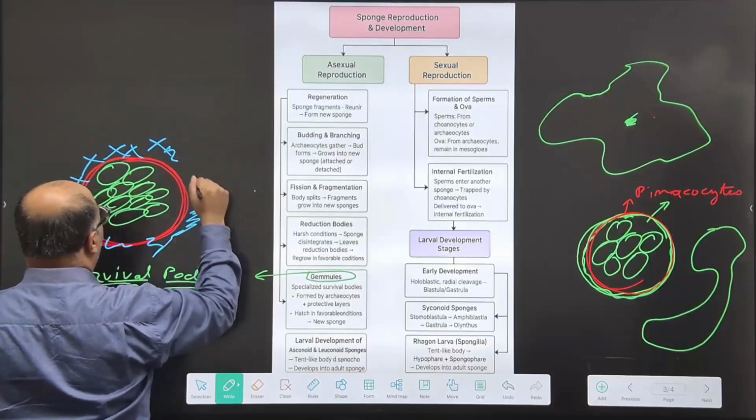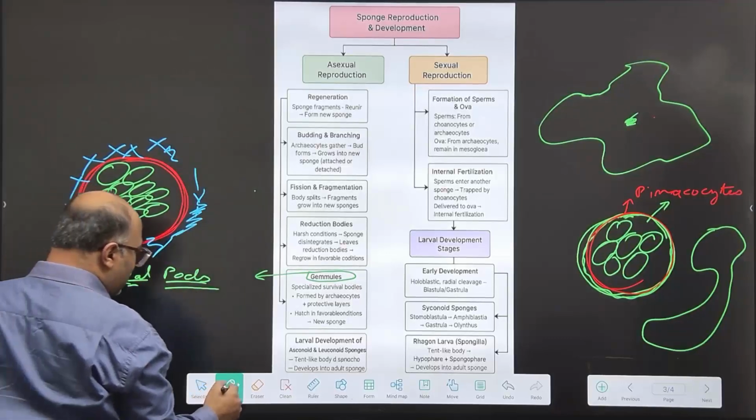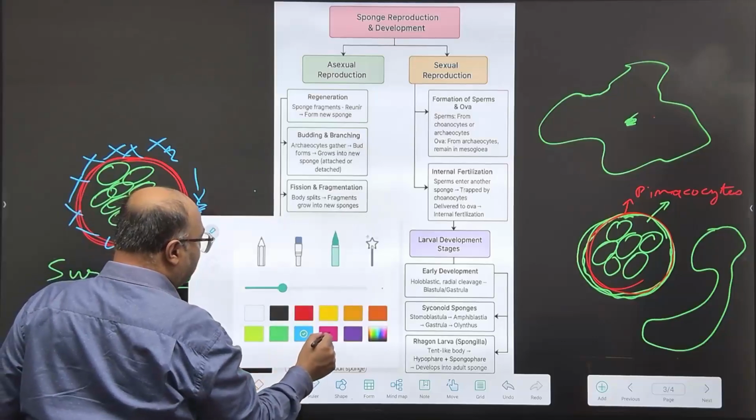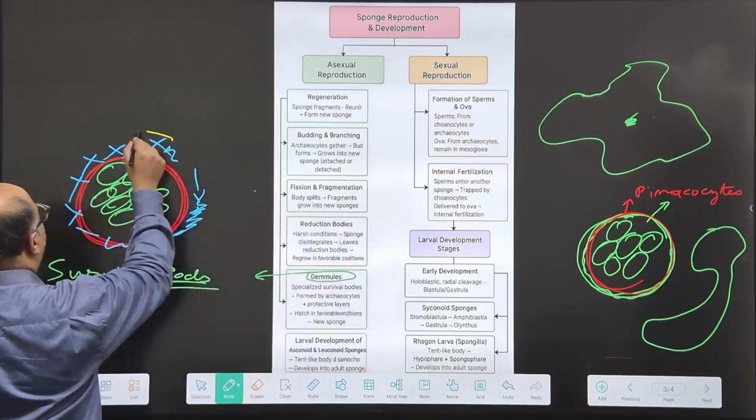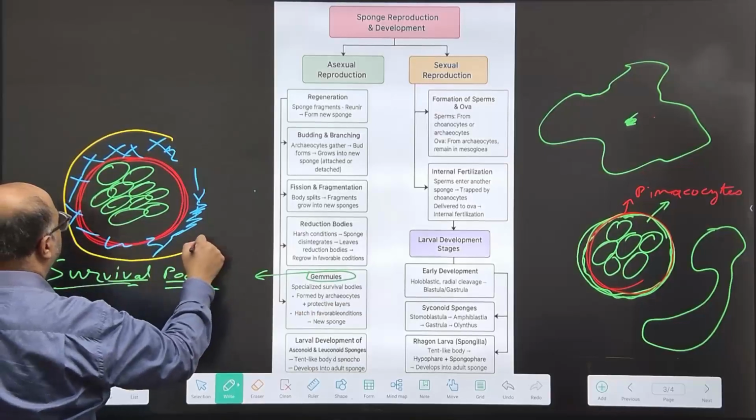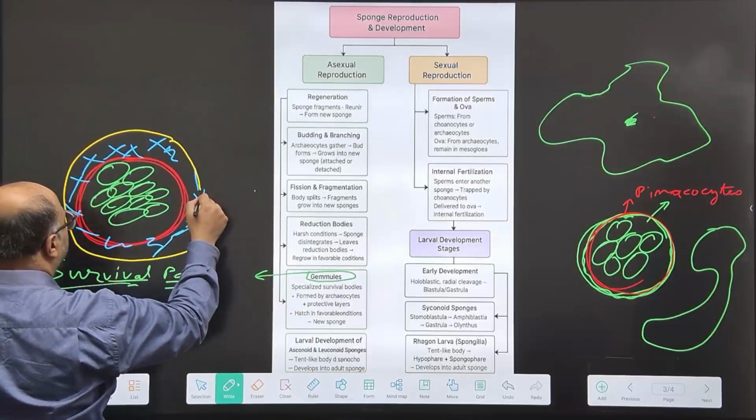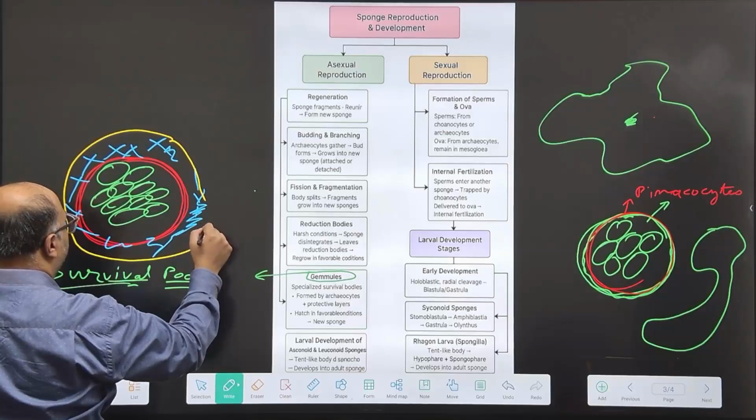So this is the inner tough cover. You will have spicules. You will have a less tough outer cover with an opening.